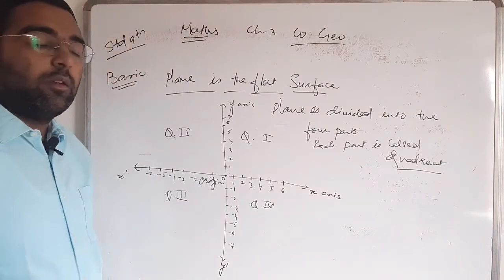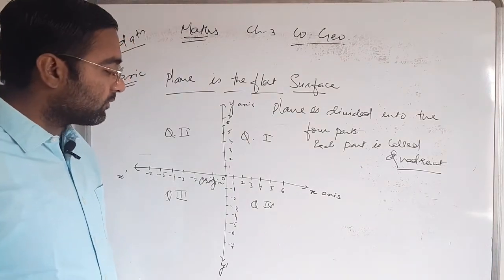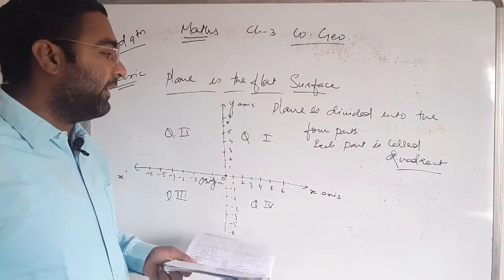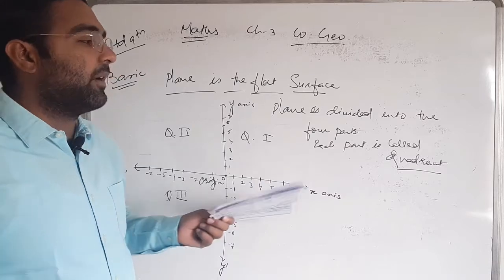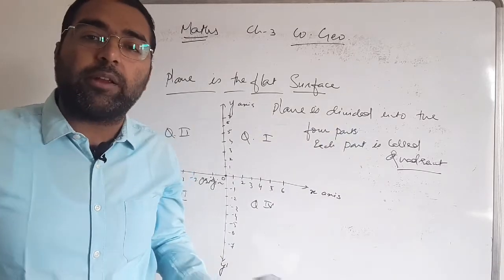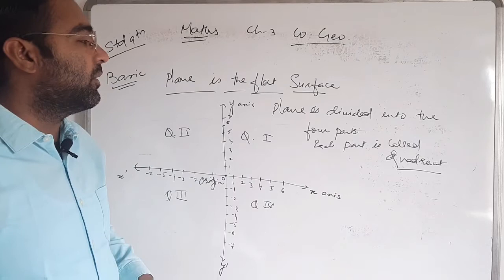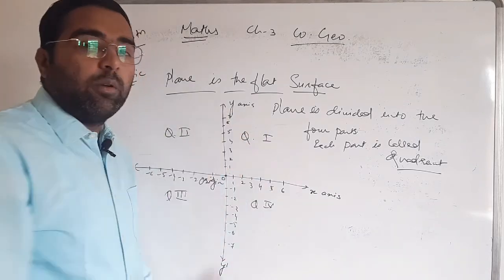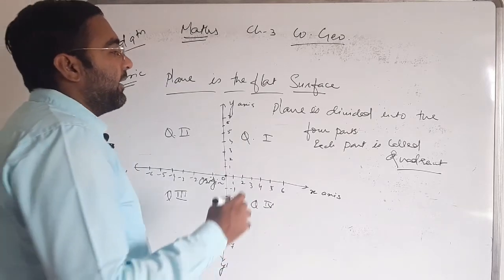Now the axes divide the plane into 4 parts, and each part is known as a quadrant. You should write this definition. We also say that the whole plane is known as the Cartesian plane.